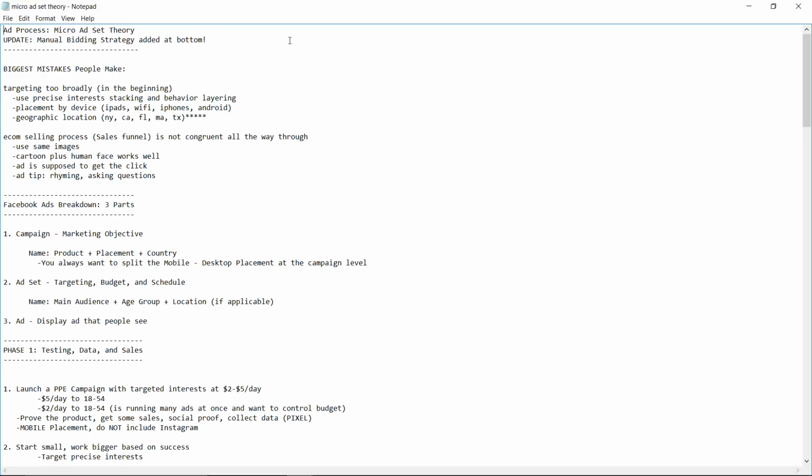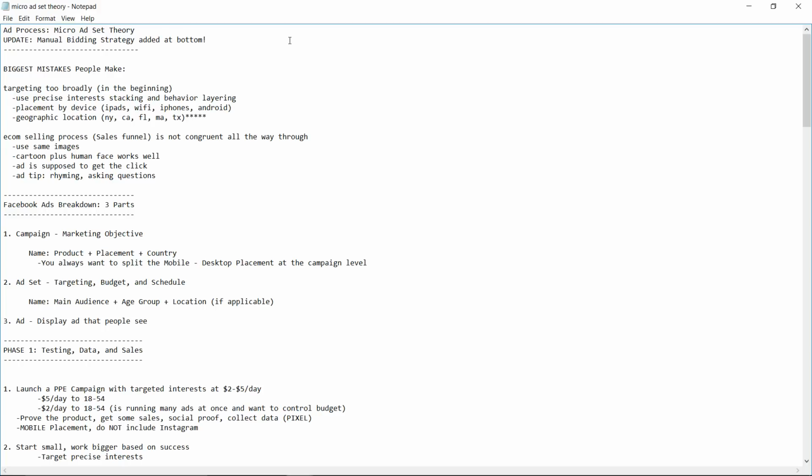And the idea with the micro ad set theory has always been, for me, that you start small and you work your way bigger. The reason you start small is that's the most likely group of people to convert for whatever your objective is. If you're trying to sell, generate leads, or generate traffic, no matter what, the smallest precise interests are going to be the people who are most likely.